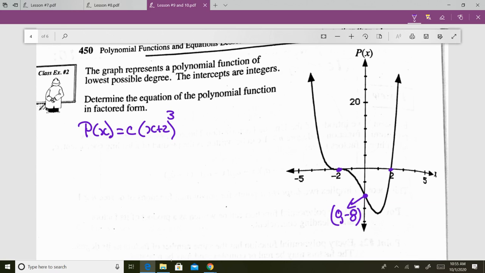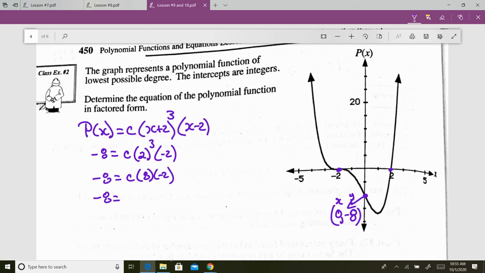What about this positive 2? What am I going to write for that? X minus 2 to the power of 1, because it just goes straight through. Okay. Now we plug in our x and our y from the y-intercept here, and we solve. So we get negative 8 is equal to c. If I put 0 in for x, I just end up with 2 cubed times negative 2. What's 2 cubed? 8 times negative 2, which is negative 16.